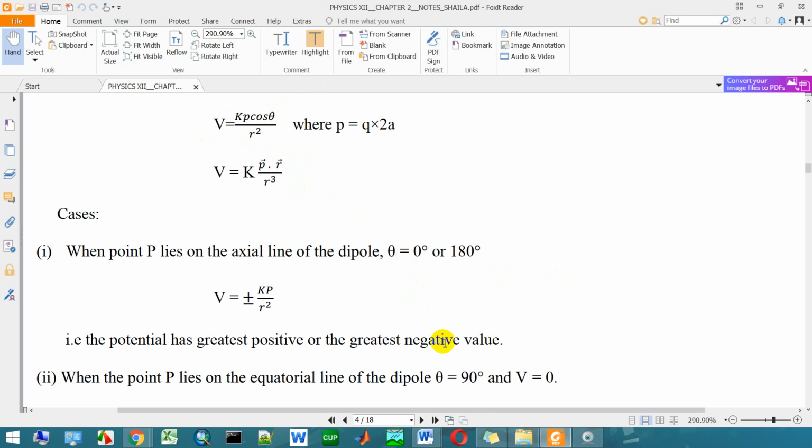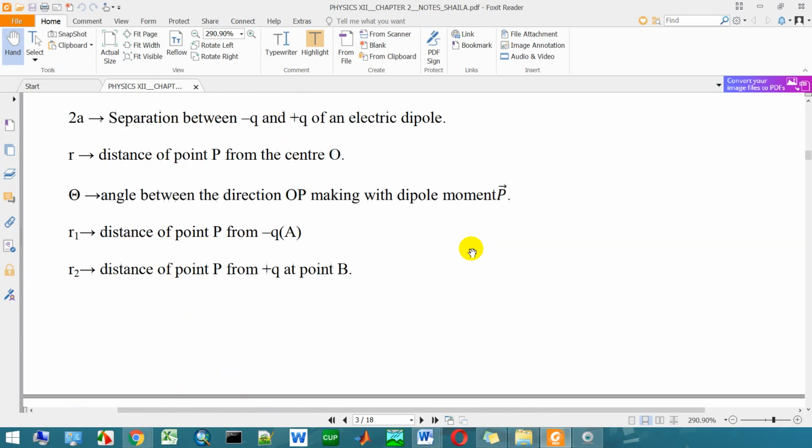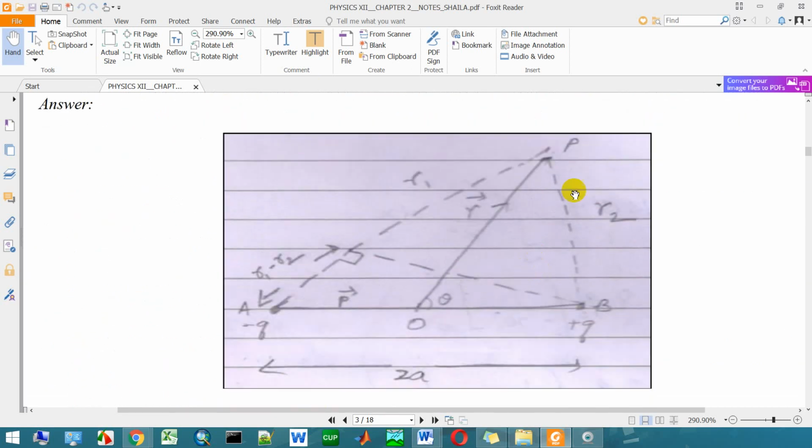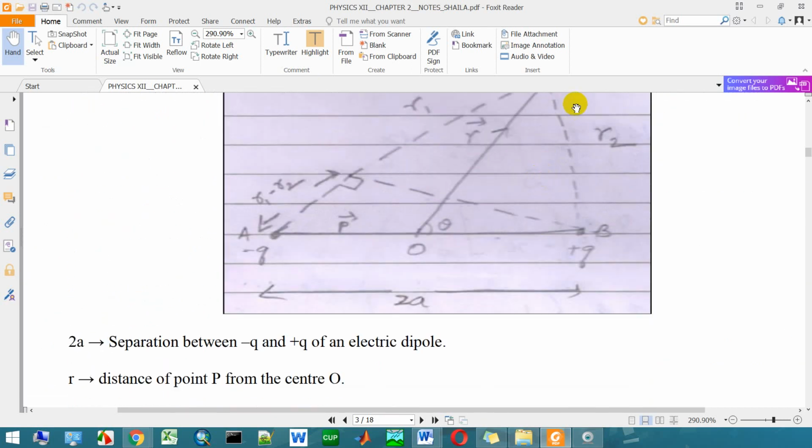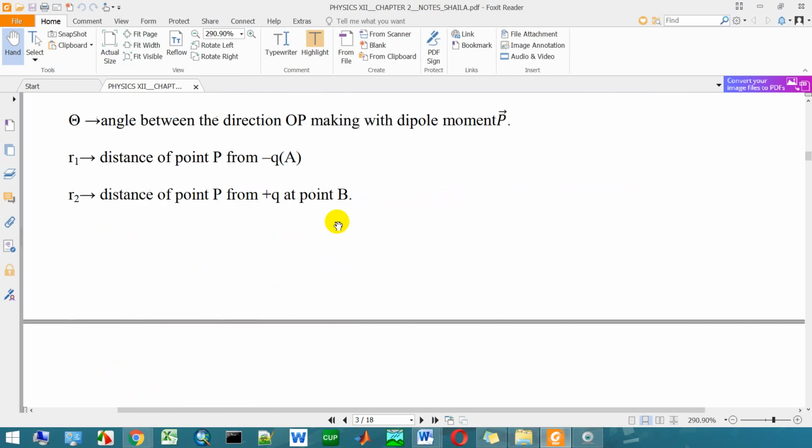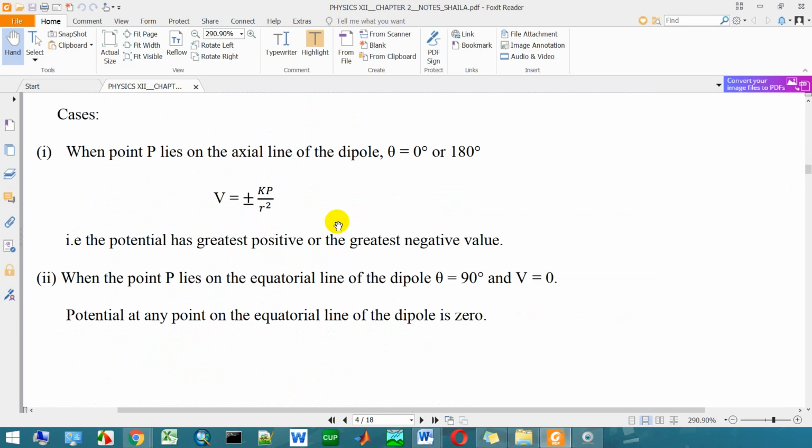Again, different cases. The first case is when this point P lies on the axial line of the dipole; we have taken this point P as the general point. Now when this point P lies on the axial line of a dipole, that means at any point along the direction of the dipole, say here, this theta becomes 0 or 180 degrees.